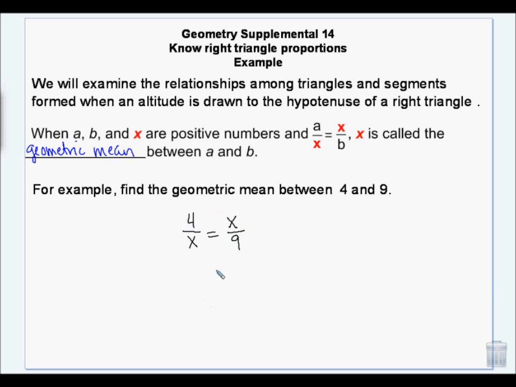And then I solve for x. So I cross multiply, and I get x squared is equal to 36. I take the square root of both sides. So x is 6.